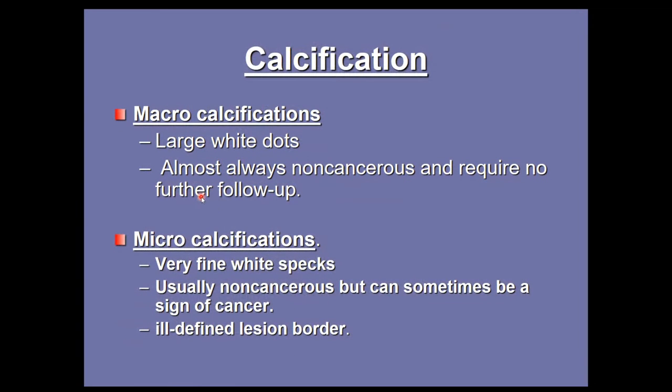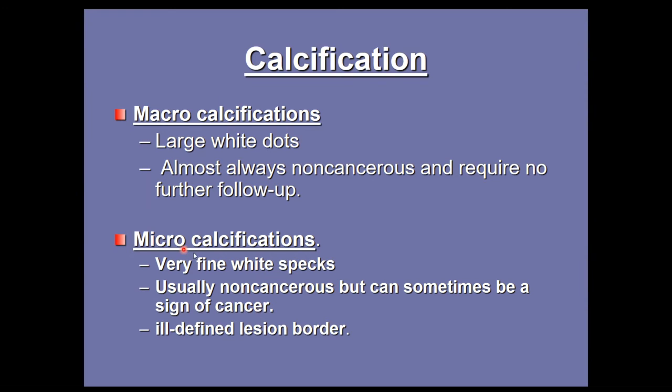Second thing, after describing the mass, we look for calcifications. Calcifications are very important for the description of a mass. The reason is that if we see a radiopaque mass and there are very small, tiny specks of calcification inside the mass, it raises the suspicion of malignancy.